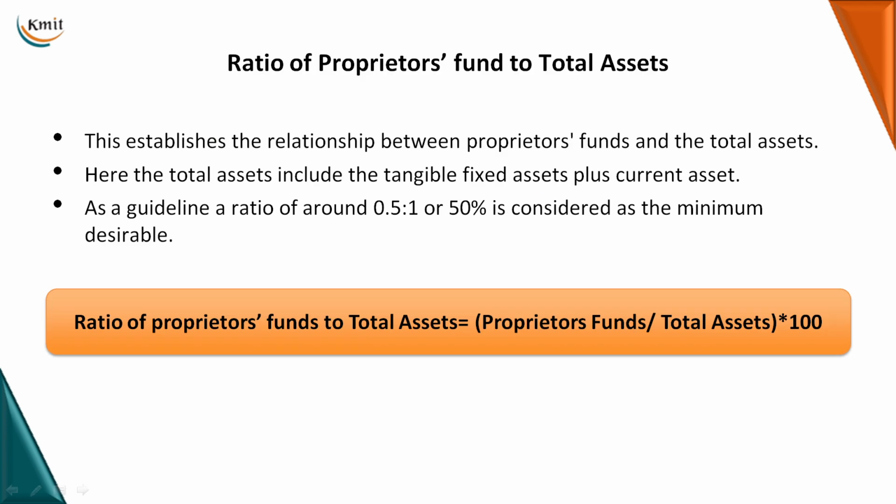Now the next category of ratios under the leverage ratio is the ratio of proprietary funds to total assets. Total assets is the sum of tangible fixed assets as well as the current assets.